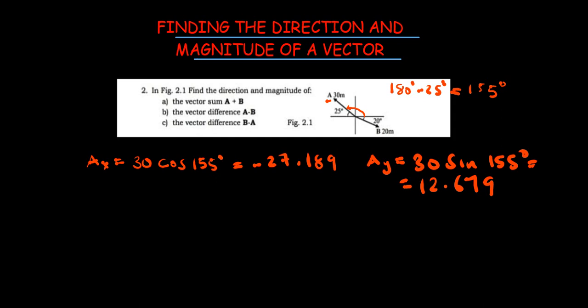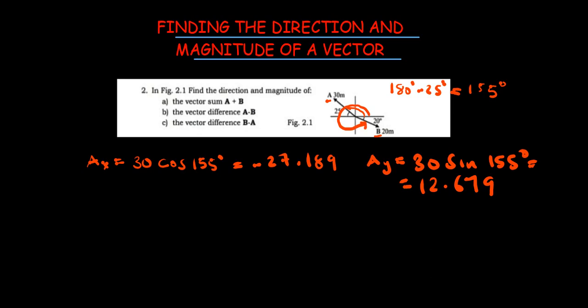Now I must find the x component and the y component of vector B. I must measure my angle again to reach vector B. Vector B is situated here and has a magnitude of 20 meters. From the positive x-axis to vector B, it rounds almost making a 360.